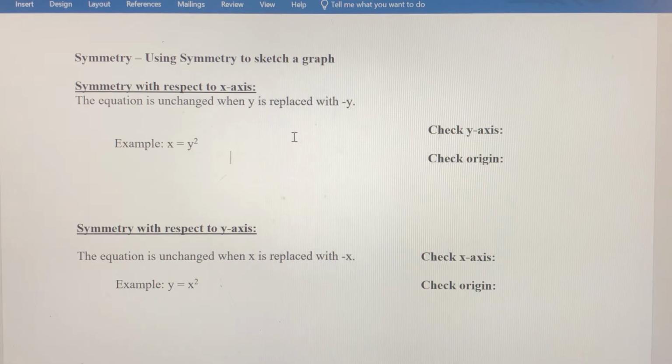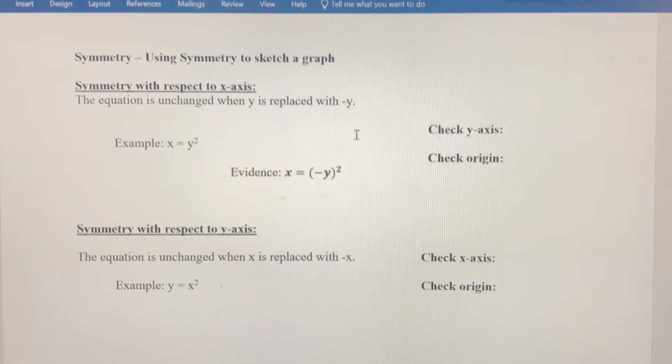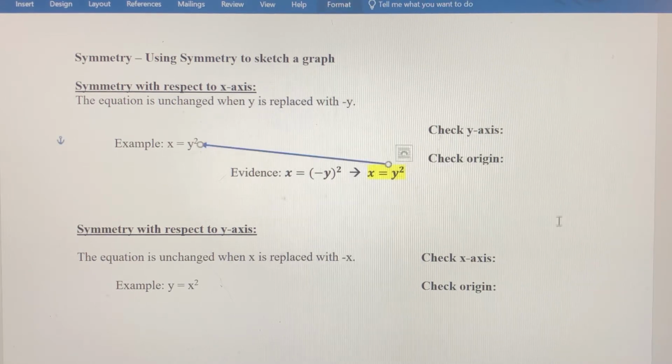The evidence here is we plug in negative y where the y was, and use order of operations to simplify. When we square negative y, we get x equals y squared. Notice these two equations match, and that matching is why this equation is symmetric with respect to the x-axis.